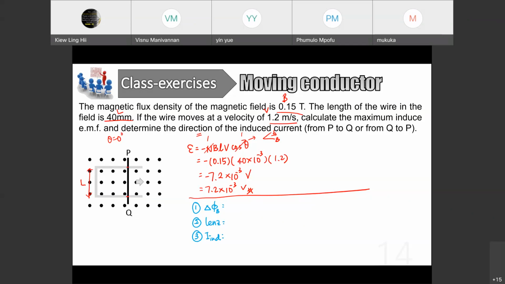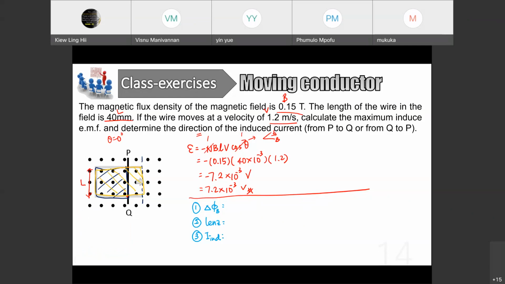Now, look at your diagram. The wire is being dragged outside, let's say dragged up to here. So this is the initial area, and this is the final area.